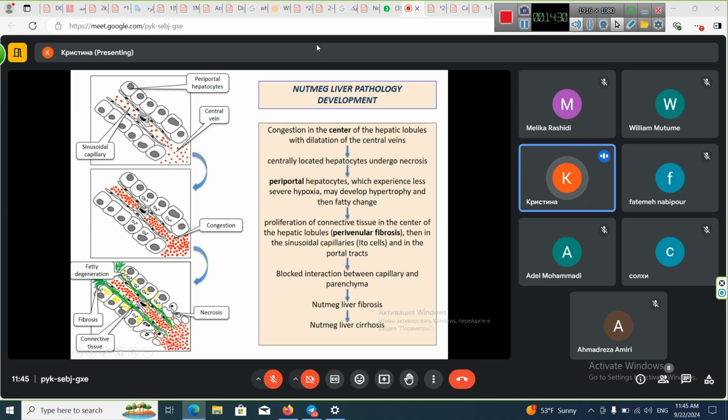These yellow drops in the cytoplasm of the periportal hepatocytes, they mean the fatty degeneration, which means that there is the accumulation of lipid droplets inside the cytoplasm of the cell because of the failure of mitochondria.